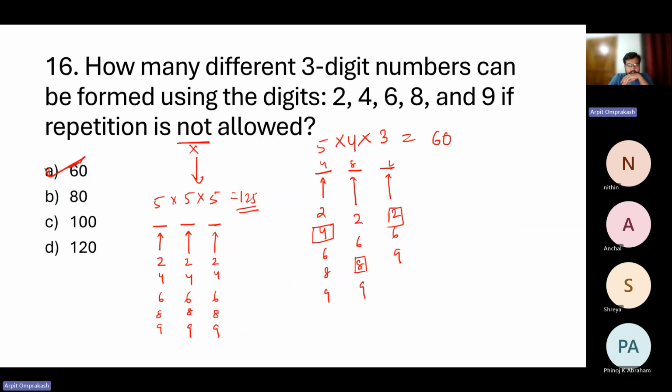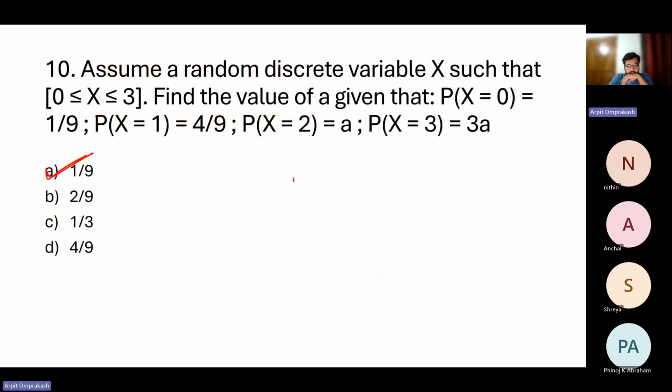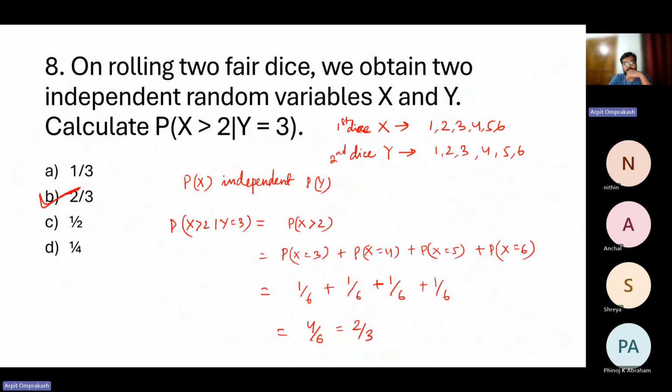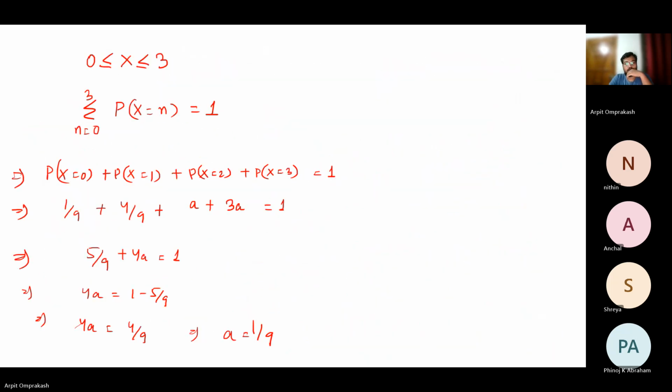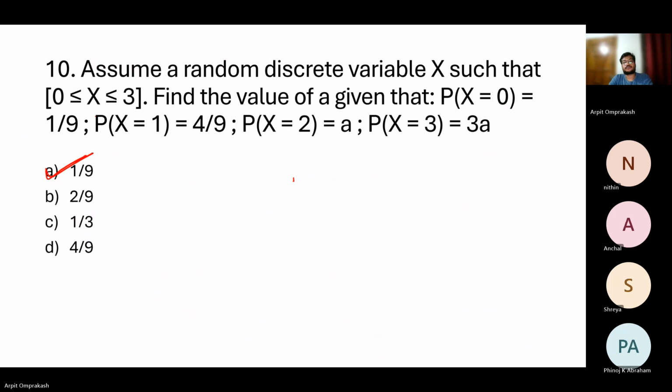I think we had one question like that where we had to find A, is it not? This one, right? So in this case, the sum of all the discrete probabilities should be equal to 1.